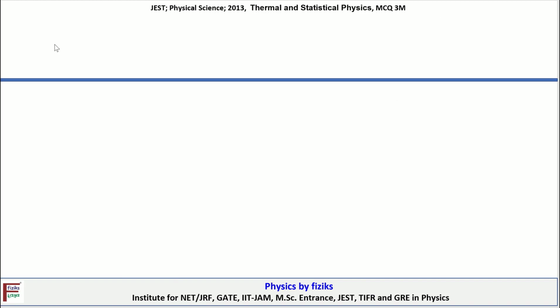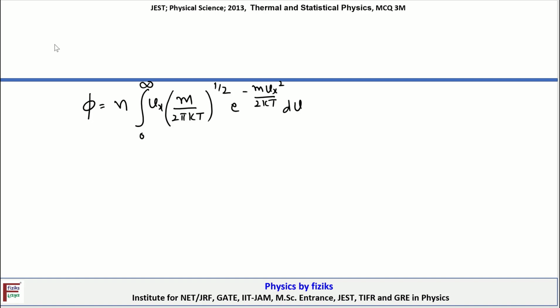So phi is equal to, substituting the value of f of Vx, n times the integral from 0 to infinity of Vx times f of Vx, which is m upon 2 pi kT to the power 1 by 2, exponential minus m Vx square upon 2kT, multiplied by dVx. Remember k here is the Boltzmann constant.